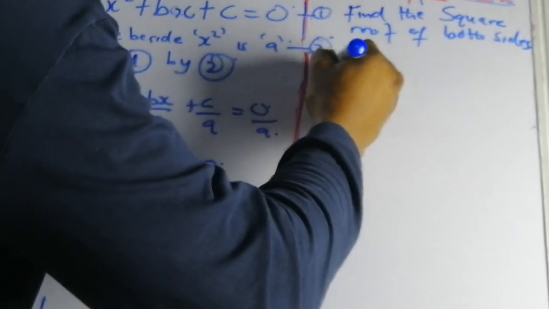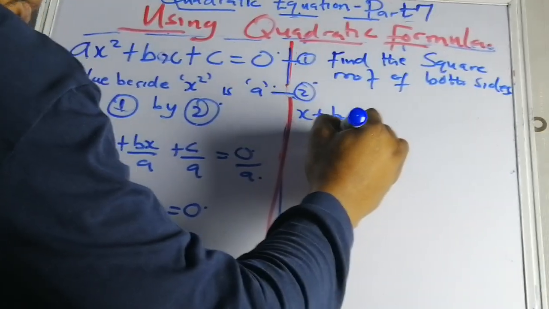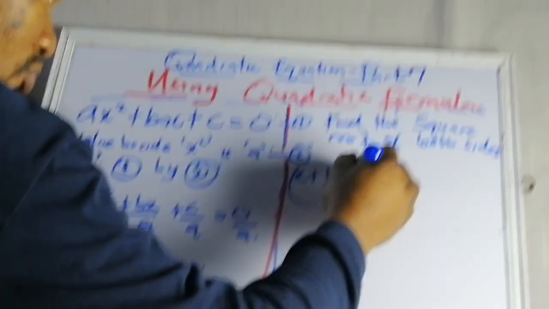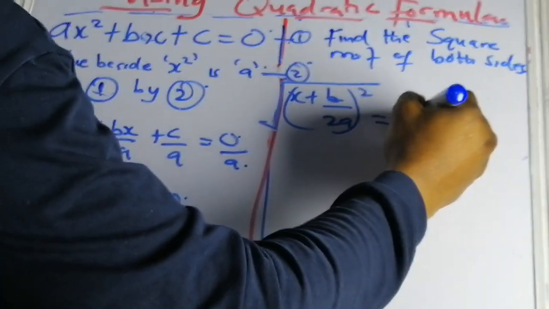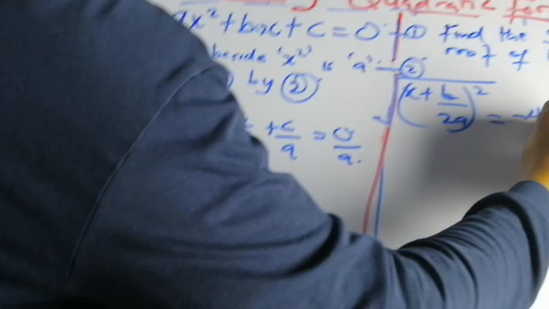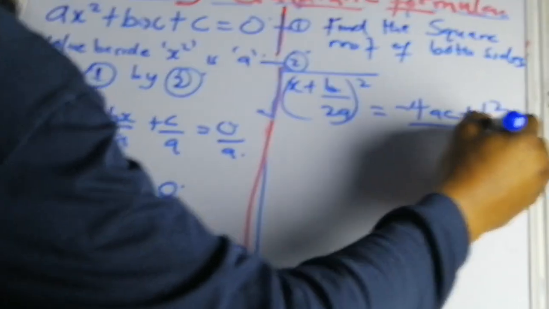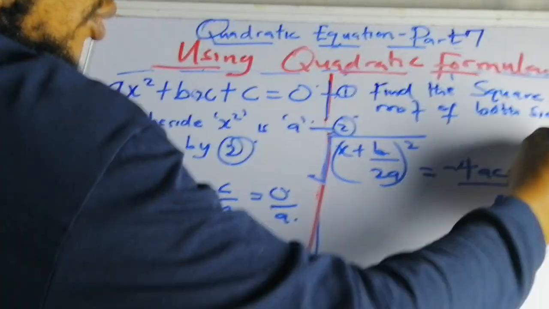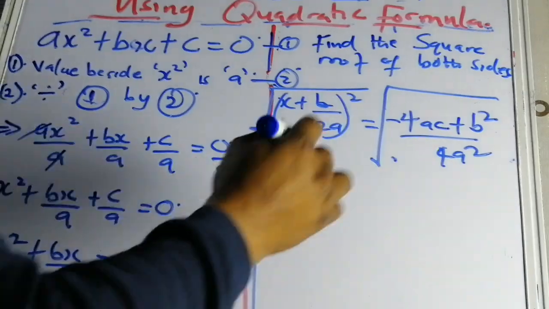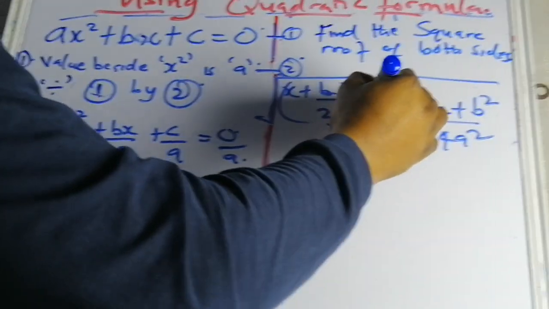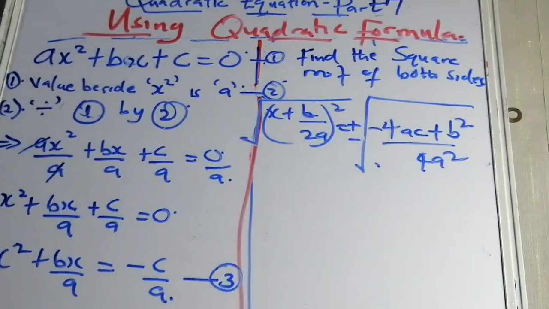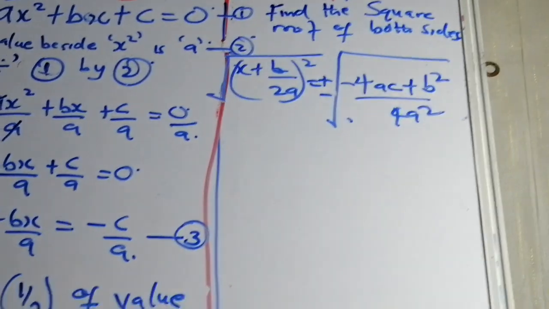So this one is simply x plus b over 2a, all square root, equals b square minus 4ac over 4a square, square root. So don't forget, when we're doing square root like that, plus or minus. Okay? So that is that.